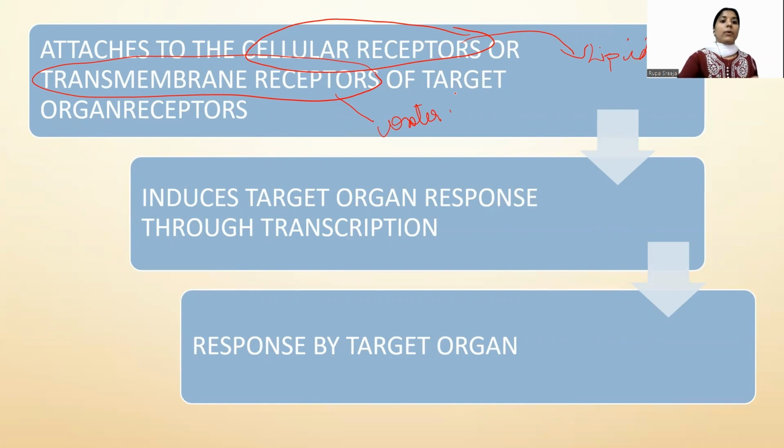Whereas with transmembrane receptors, the hormone that has reached is a water soluble hormone, so it can't enter the lipid bilayer. It attaches to the transmembrane receptor, and this receptor activates the secondary messengers. Here, the secondary messengers in our example are either the class teacher or the class captain who delivers the information. Just relate both things.